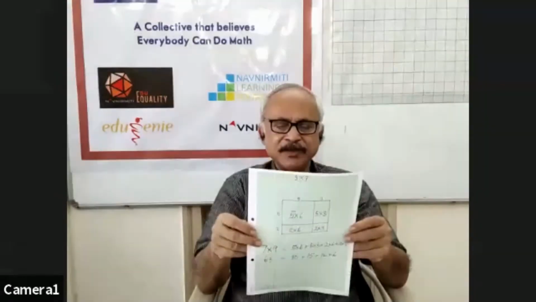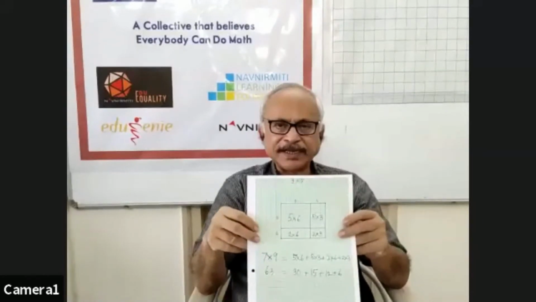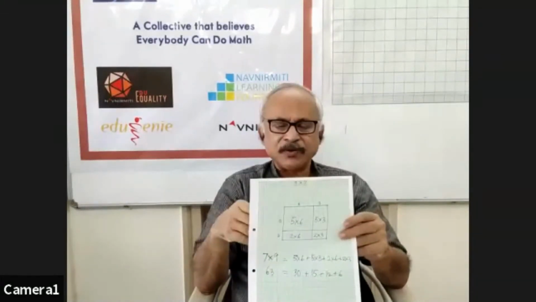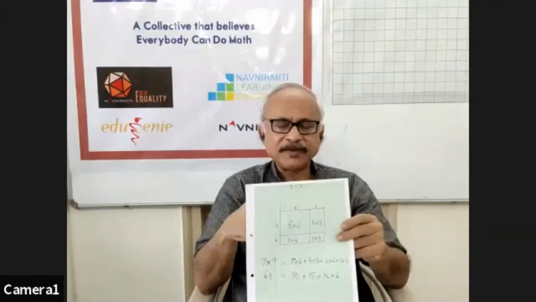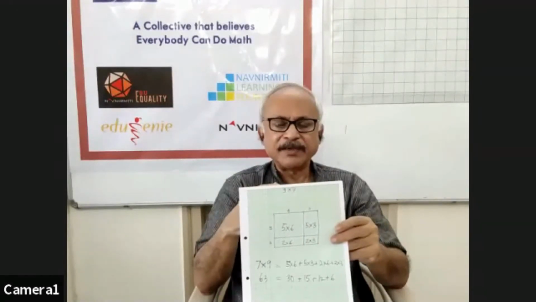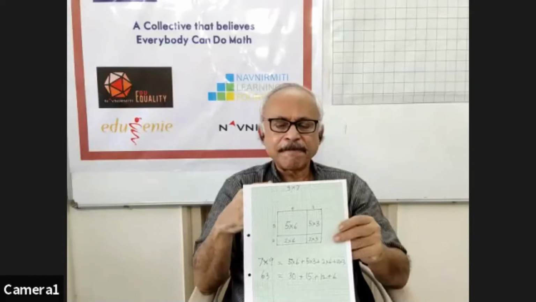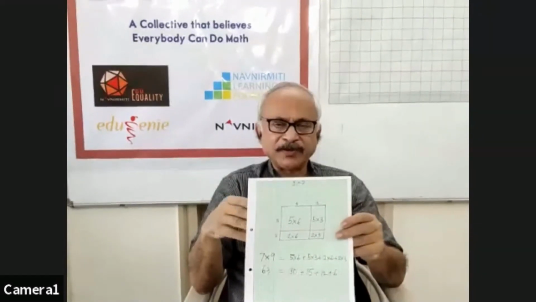Anyway, so now we have done multiplication using rectangles. We know that we can divide a rectangle into 4 parts. If I multiply 9 by 7 or 7 by 9, I get 4 parts.